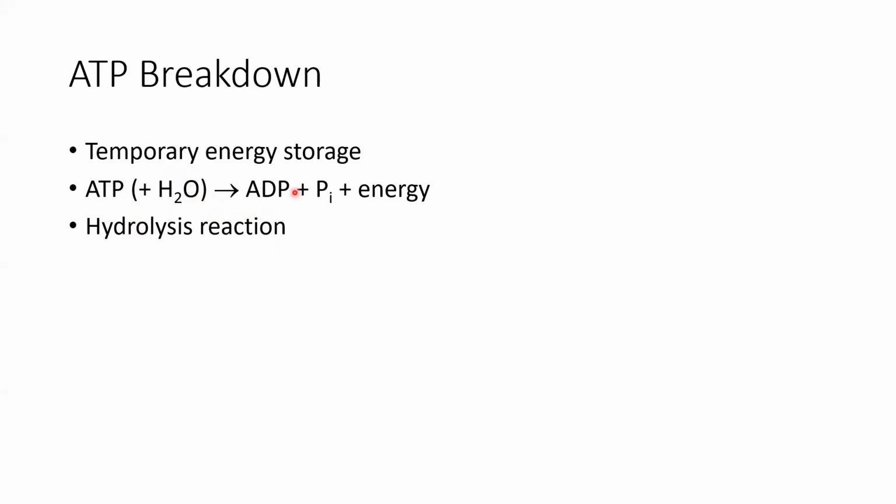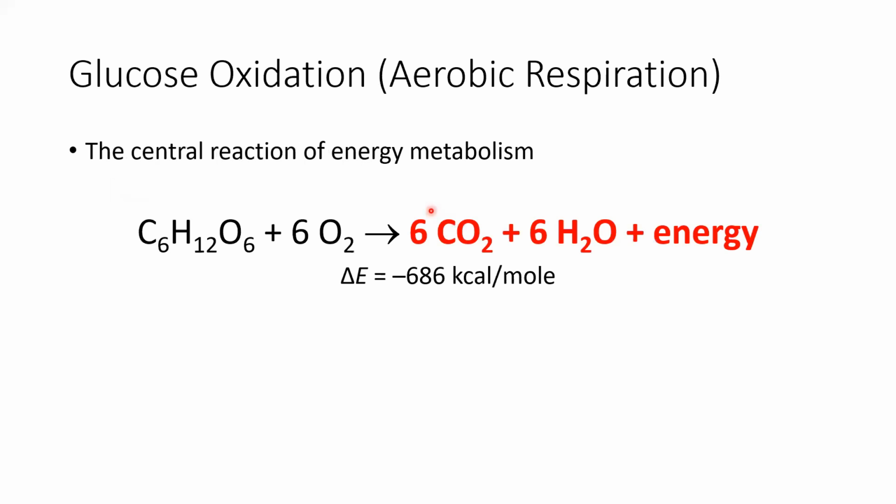And then we're going to make ADP and then phosphate, and then we're going to liberate that energy on this side of the equation in this instance. Okay, this is the energy that we're interested in. This is the energy that we want for our cells to utilize in order to do various cellular processes or cellular work. Okay. All right.